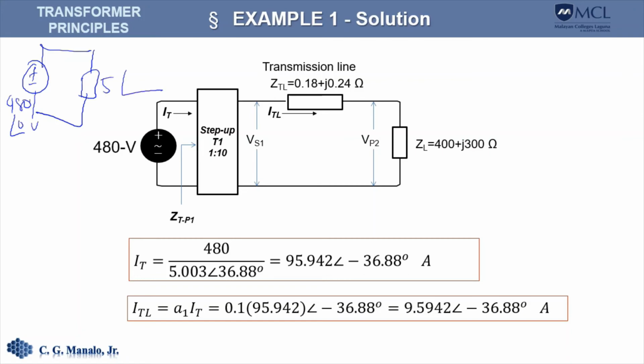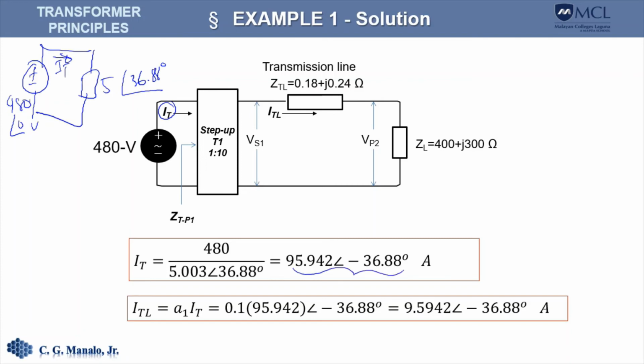This is connected to this impedance. We can compute the current I sub T, this current here, which is the primary current going to the first transformer, and that should give us this value.